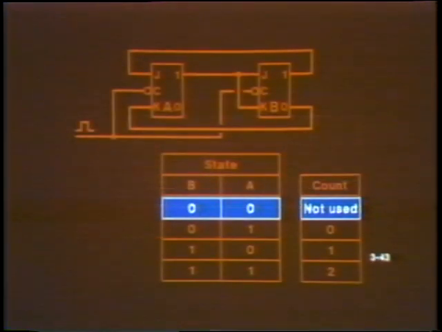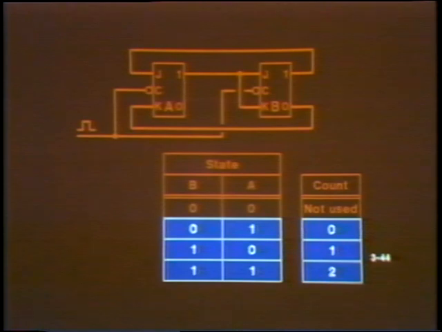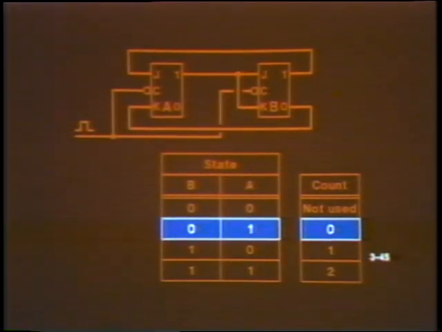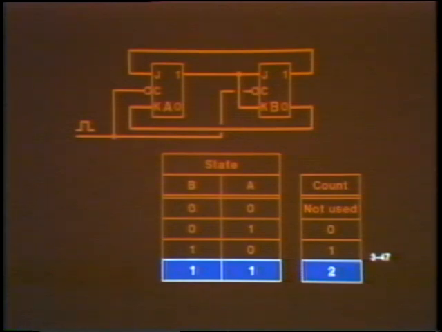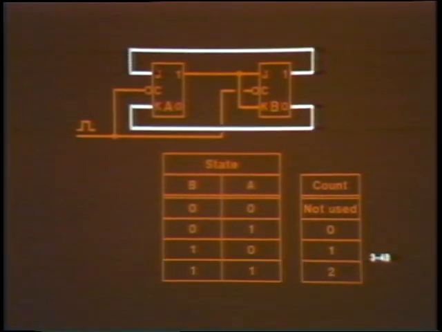Indeed it does. This counter does not employ the natural counting sequence, since the 0-0 state is not used. Instead, the counter cycles through the other three possible states. Although it is not immediately obvious, it is the feedback that prevents this counter from entering the 0-0 state.